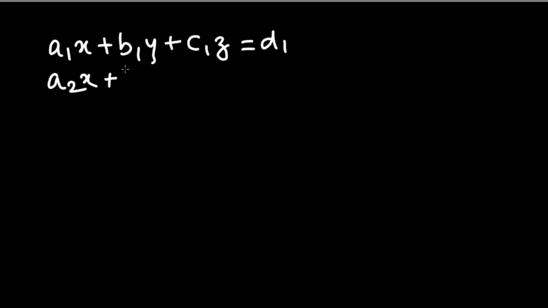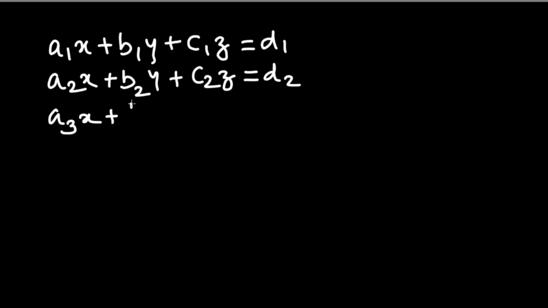Now we will see how to use Cramer's rule to solve linear equations in three variables x, y and z. First, we will write the equations one below the other. So a1x plus b1y plus c1z equals d1, a2x plus b2y plus c2z equals d2, and a3x plus b3y plus c3z equals d3.